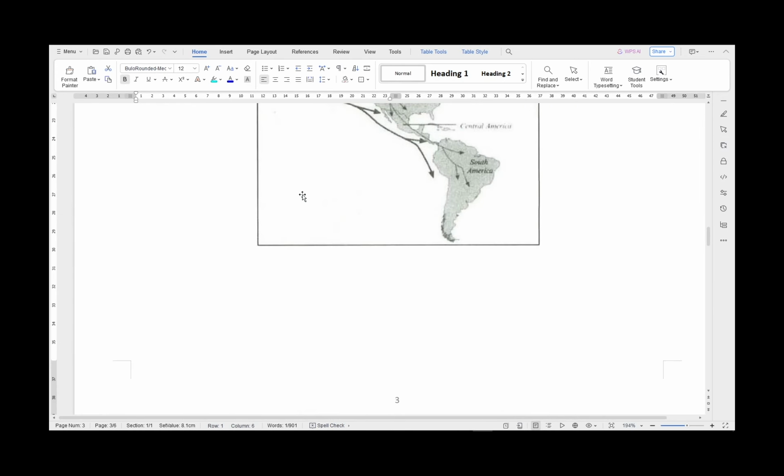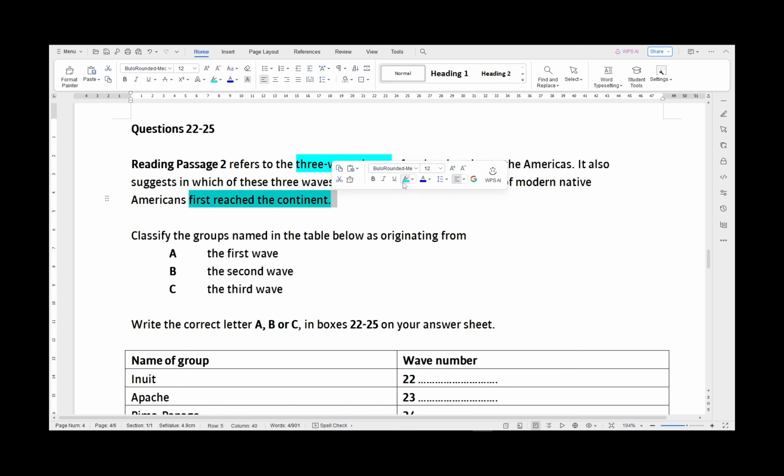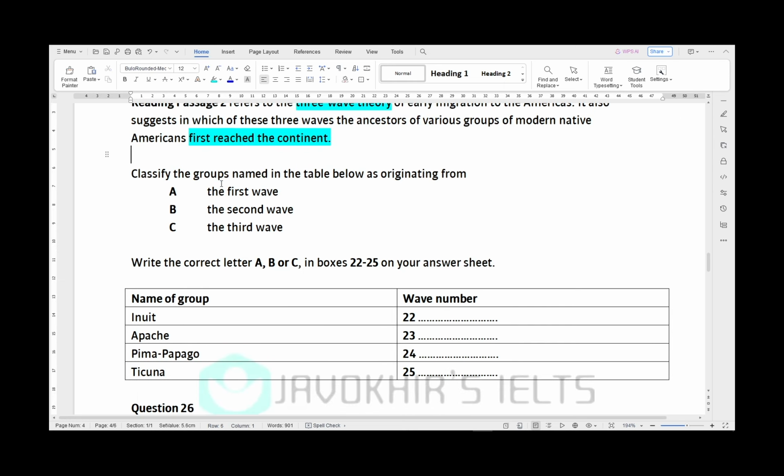All right, so now we're left with: reading passage 2 refers to the 3-wave theory of early migration to the Americas. It also suggests in which of these 3 waves the ancestors of various groups of modern Native Americans first reached the continent. Classify the groups named. All right, we have the first wave, second wave, and third wave.